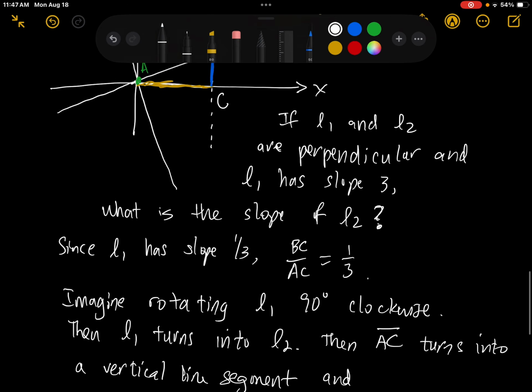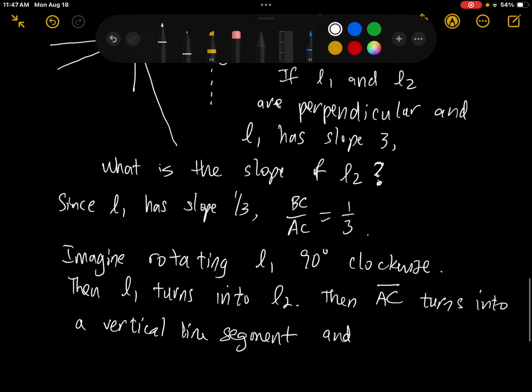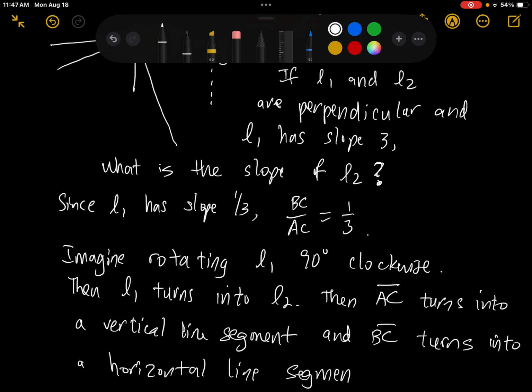And what happens to BC? BC was a vertical line segment. When you rotate a vertical line segment by 90 degrees, what does that turn into? It turns into a horizontal line segment. Right?